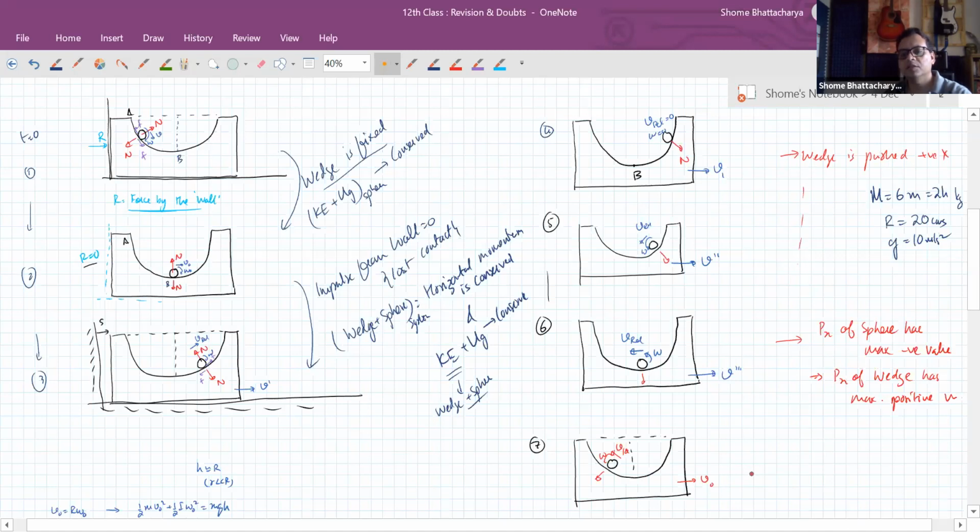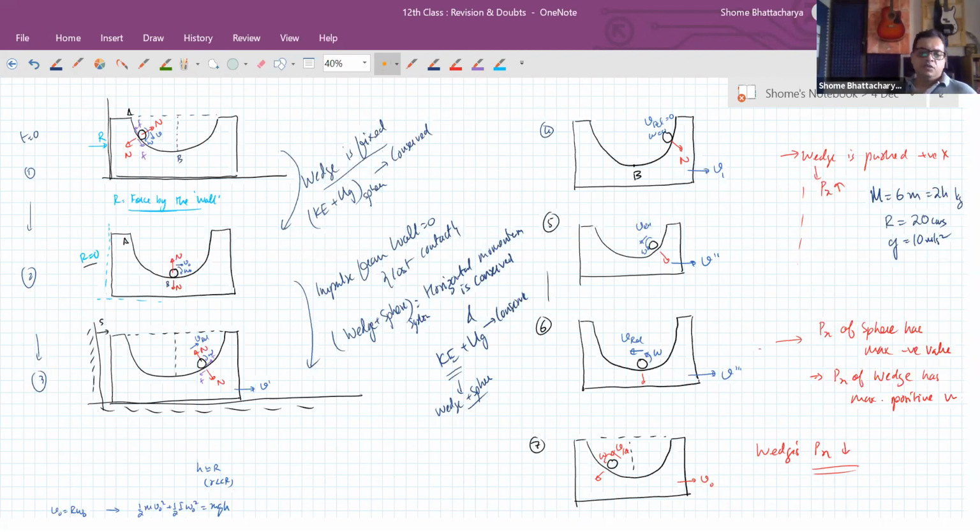But now the wedge's speed starts decreasing. Okay, from here, the wedge's horizontal momentum is decreasing. Here, the wedge's horizontal momentum is increasing, right up to this point, up to the sixth diagram.